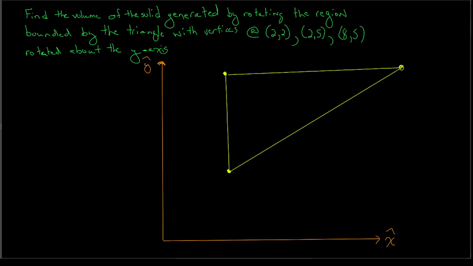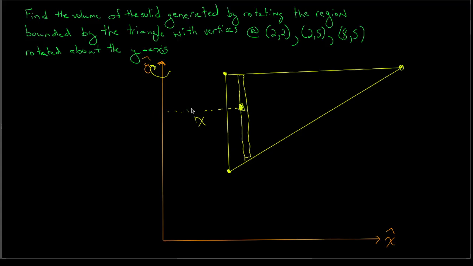And I think, what was our rotation? About the y-axis. So we're rotating about here. So I need to take elements from here and rotate them across. I could use the cylindrical shell method, which means I would be looking at my x element, creating my radius here, x, and my height being these bits here.